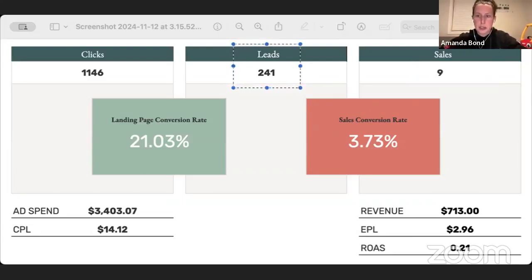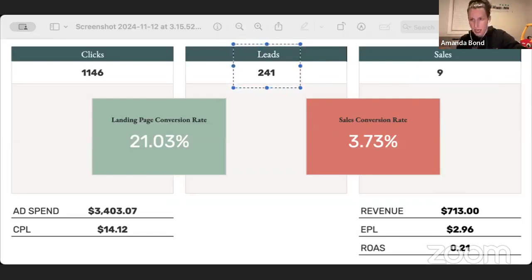So let me take 10%. I'm going to divide it by 3.73. And so it's 2.68 times what we're getting now, right? So by making the tweaks to the sales page, we could essentially get more people, or again, let's go back to the hypothesis. If we 2.5 times the conversion rate of our sales page, could we assume that we could 2.5 times our ROAS?